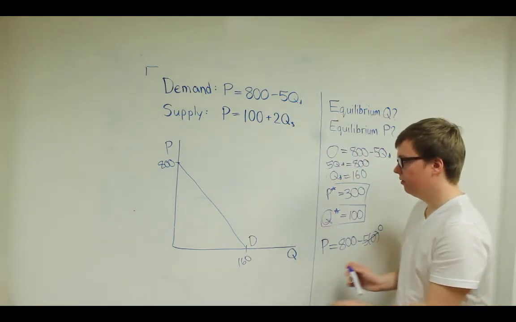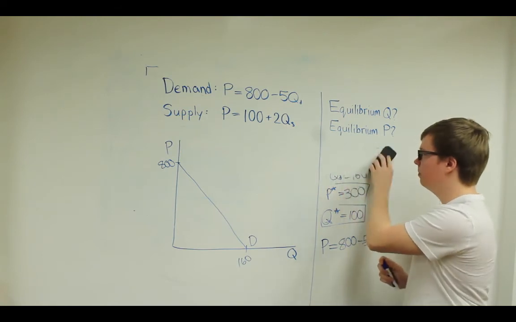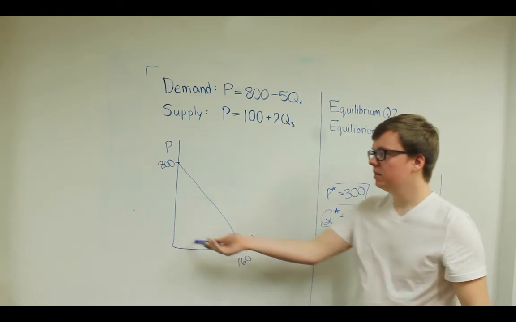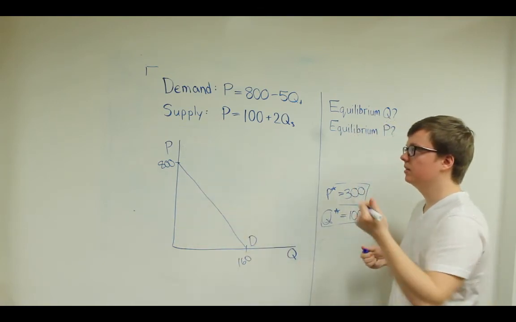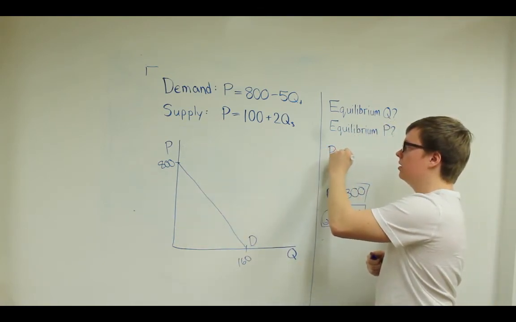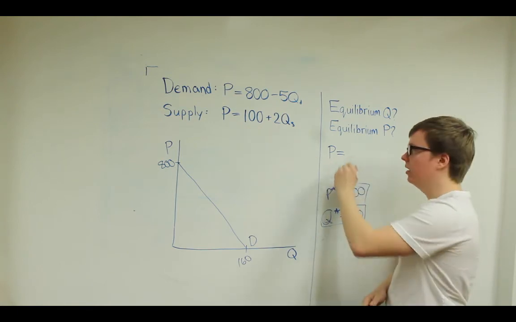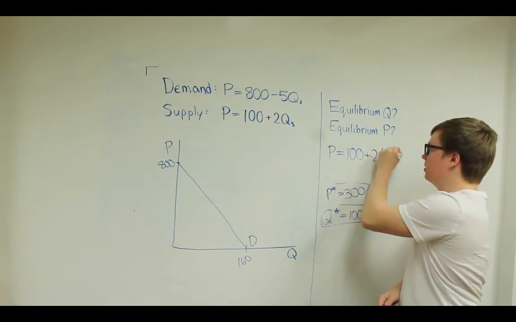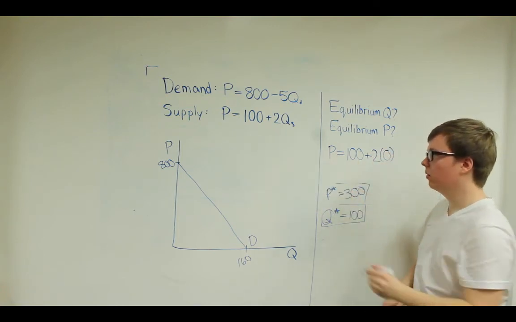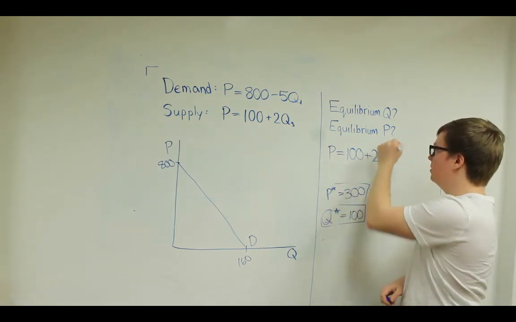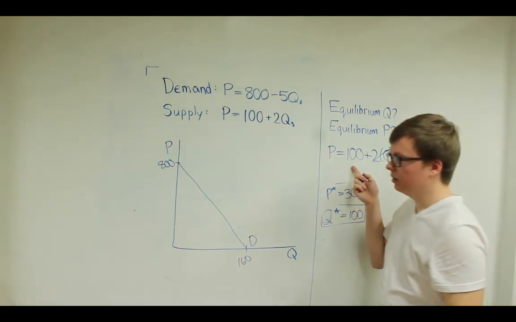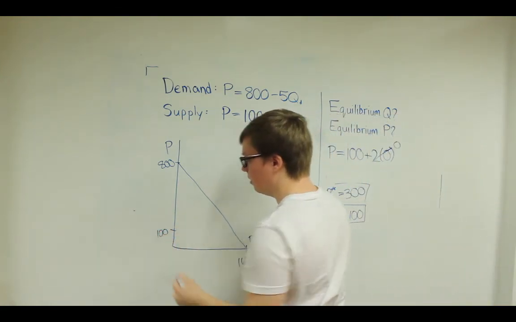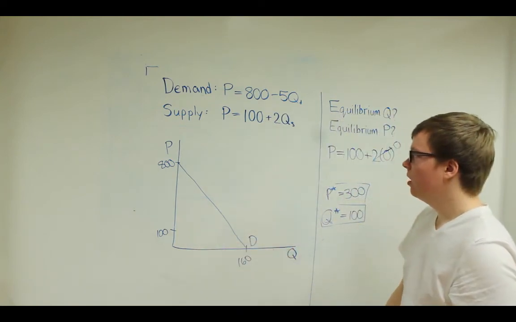So then we have supply, and again, we can see where it intersects the price axis by setting quantity equal to 0. From the supply equation, price equals 100 plus 2 times 0. We plug in 0 for quantity, and this goes to 0, so the supply curve intersects the price axis at a price of 100.